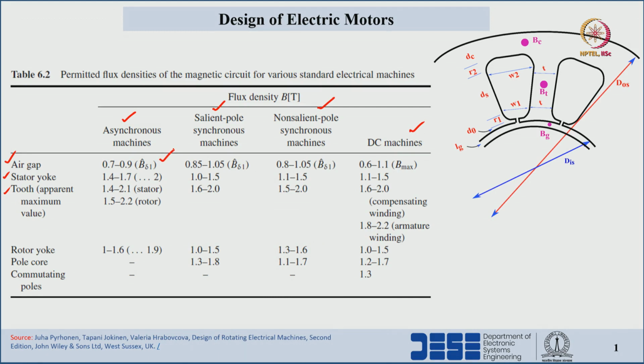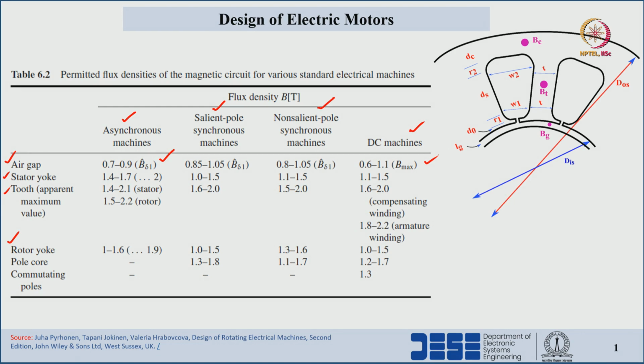We can see here, whatever the gap is between the rotor and stator, in that particular gap the maximum possible flux density will be this one, 0.7 to 0.9 for induction machine, 0.85 to 1.05 for synchronous machine, 0.6 to 1.1 for DC machines. And similarly at the rotor side, if we take the rotor lamination, here we can see rotor yoke means this is the one, back iron with respect to the rotor structure.